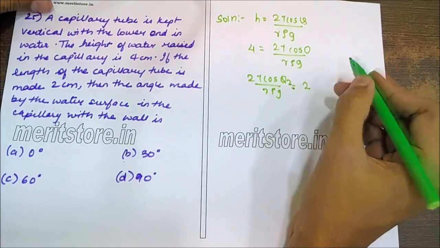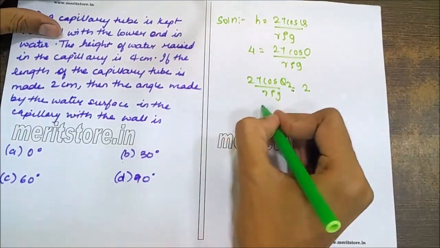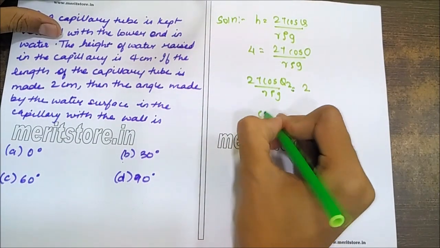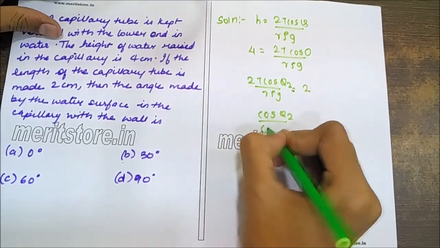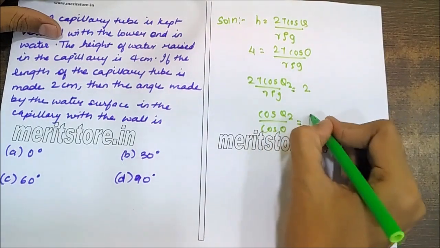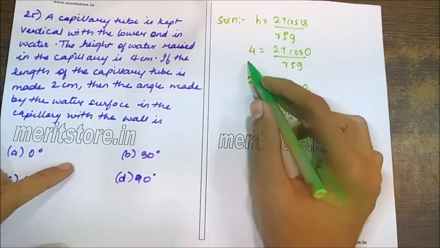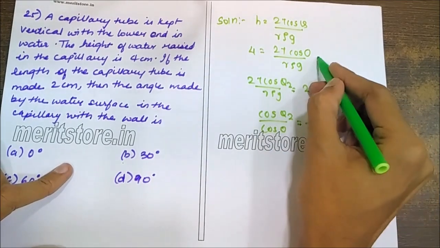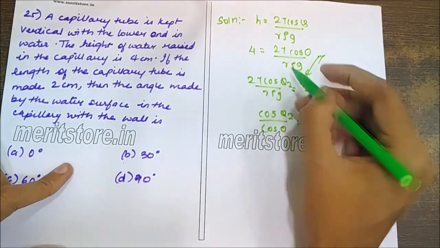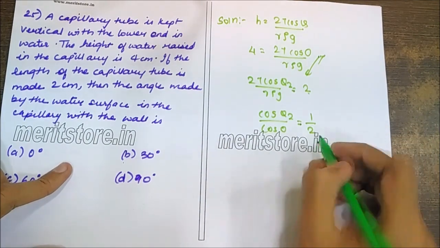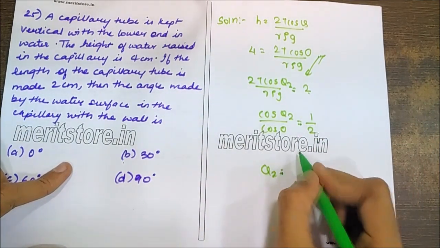Okay, so we'll take the ratios. Cos 0 when it was theta 1 and cos theta 2 gives the ratio of 1 upon 2. So we take the ratio of these two equations and we get 1 upon 2 as the value.